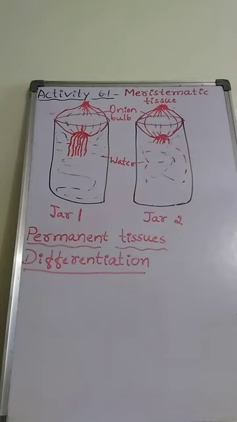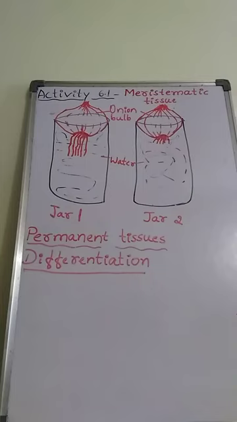The cell wall of the cells of the permanent tissues may be thin or thick, whereas the cell wall of the meristematic cells is thin.